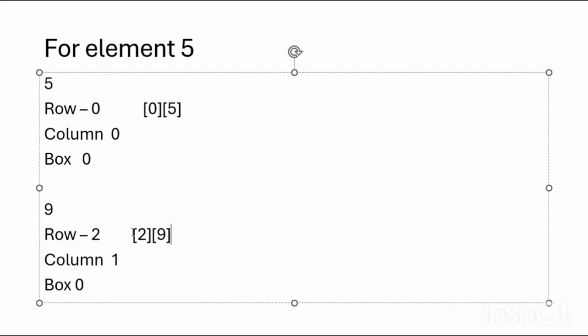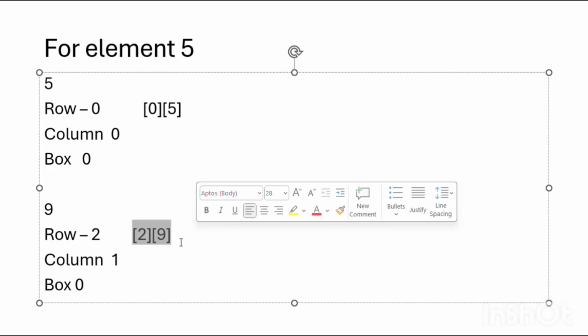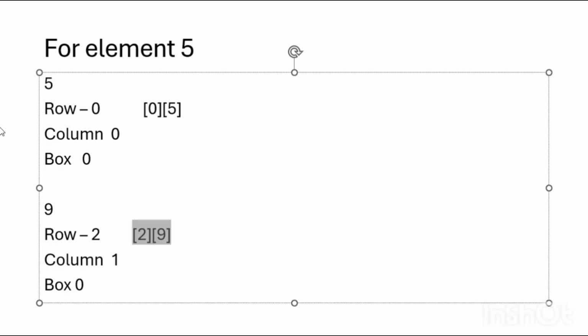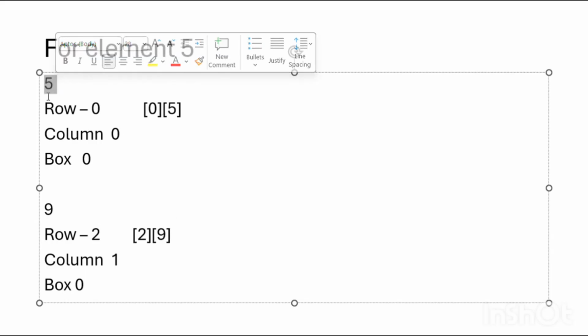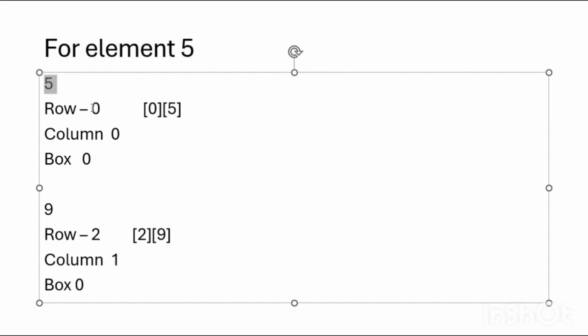But this will give you an array index out of bound exception, because we have only 9 rows and 9 columns present. If we give the 9, then it will be out of bound, since indexes are from 0 to 8. So what we can do is represent the element's index as value minus 1.